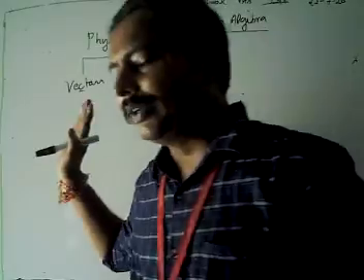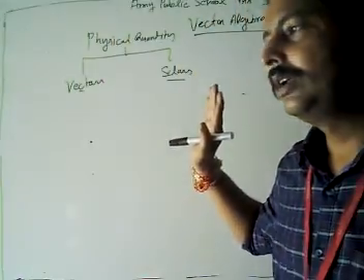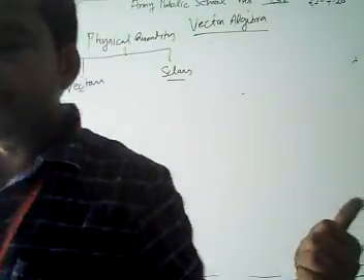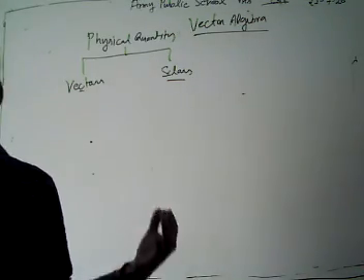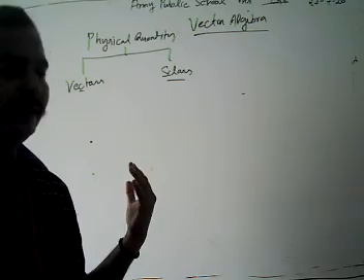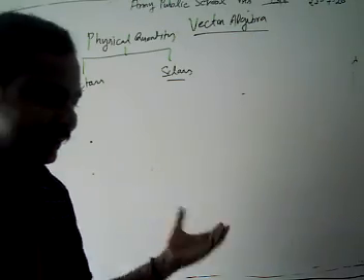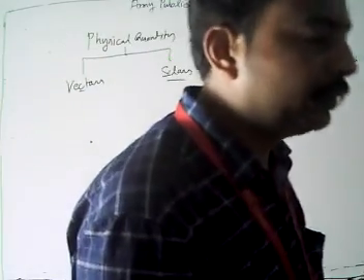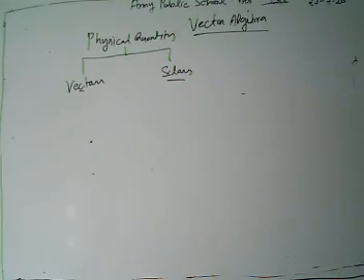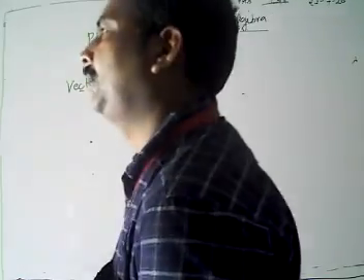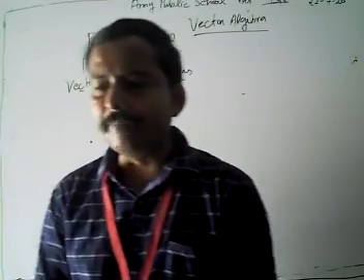Now look, what are examples of vector quantity? Velocity is a vector quantity, displacement is a vector quantity, weight is a vector quantity, and momentum is also a vector quantity.